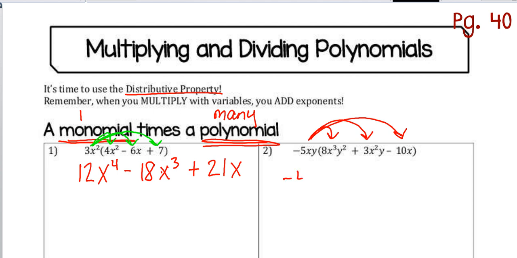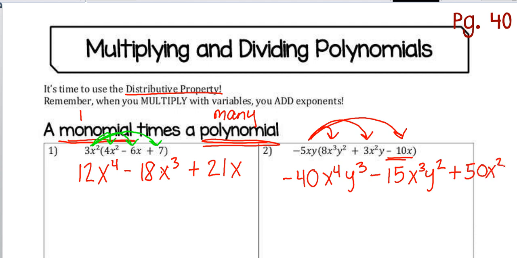So I'm going to have negative 40x to the 4th y cubed minus, because it's a negative with that 5, 15x cubed y squared plus, because that's a negative 10, 50x squared y. So I only combined the exponents on the like bases. I did not change the exponent of everything if it wasn't necessary.